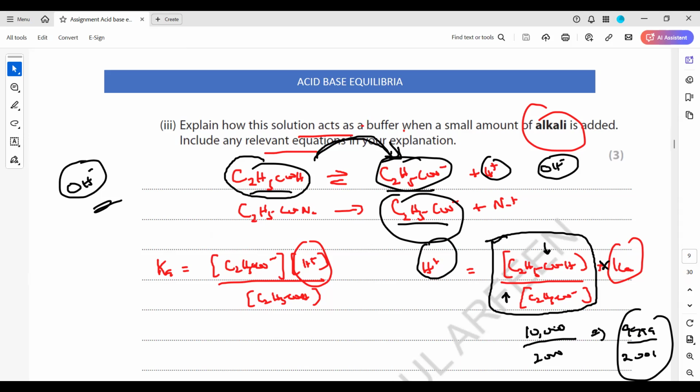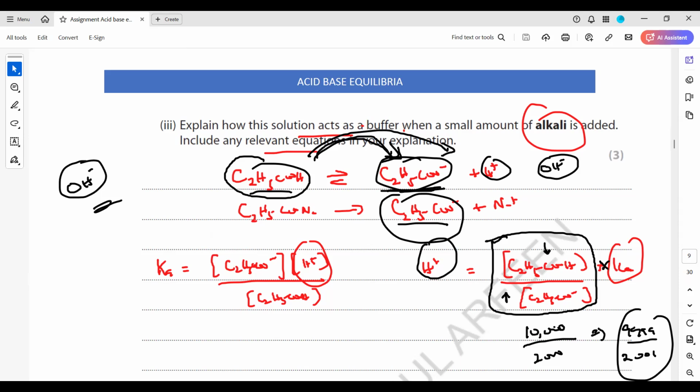So why does the pH remain unchanged? Because the added OH is removed by the hydrogen ions, as hydrogen combines with OH, and this shifts the equilibrium towards the right hand side. So the ratio will change, but we say the ratio hardly changes.